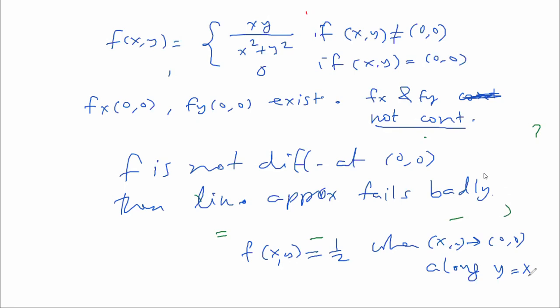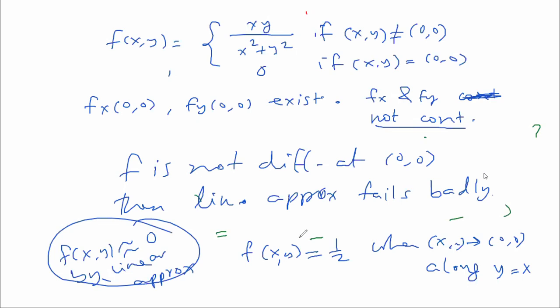This is always 1/2. But if you do linear approximation, f(x, y) is approximately 0 by linear approximation. But in real life, this is 1/2. So this really fails badly because it's not differentiable.